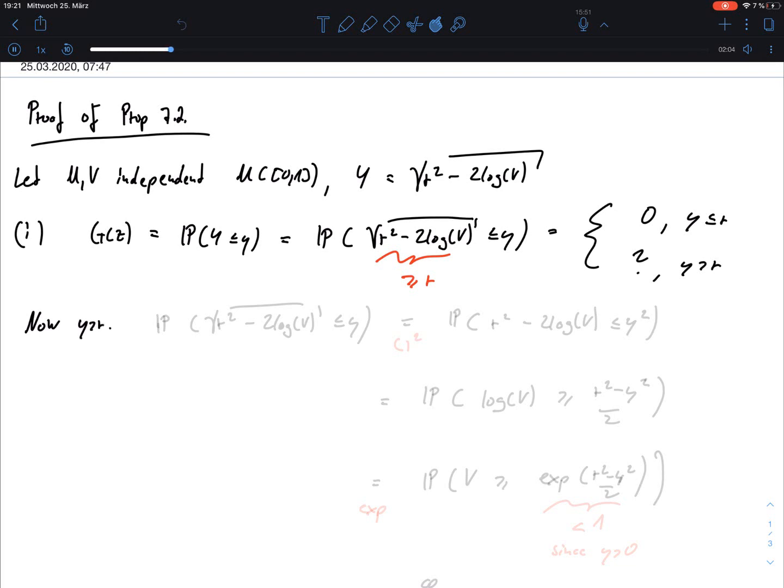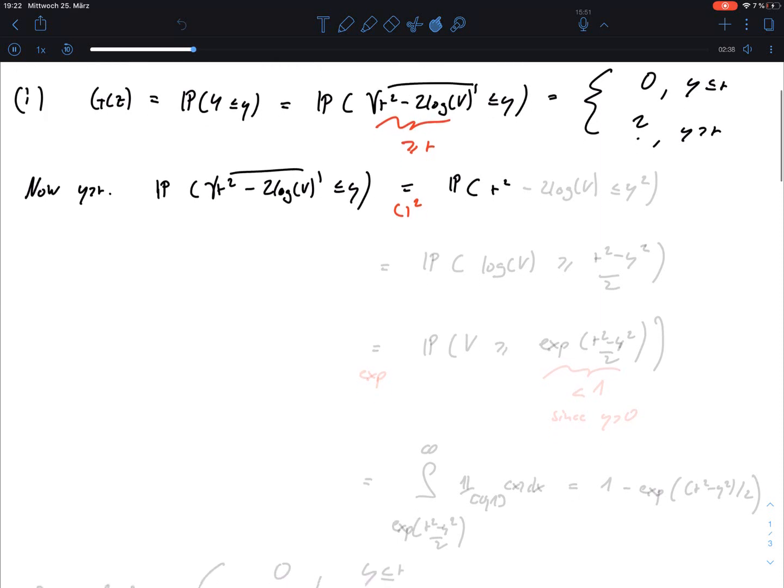Okay, so let's now look at the interesting case, y greater than r, and here we will proceed by just rearranging the condition. So we have this expression, and now we are squaring everything. Squaring here is one to one because everything under the square root is positive.